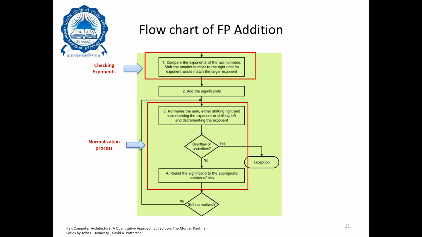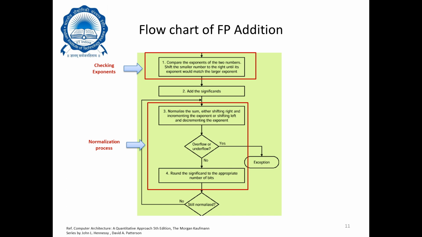Once both the exponents match each other, we will add the significands. In the third step, we will do the normalization, that is either shifting right and incrementing the exponent, or shifting left and decrementing the exponent. We will check for underflow or overflow, that is, whether it fits within the given bit size. If there is a problem, we'll have an exception to handle it.